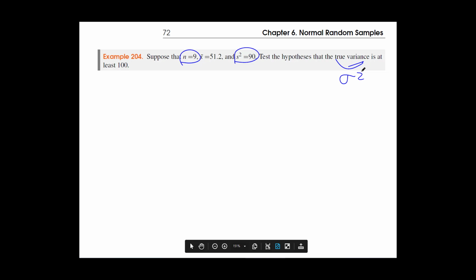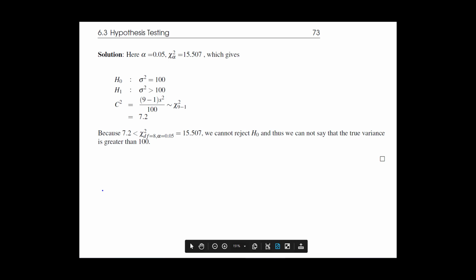So let's test that hypothesis. What we're going to use is the chi-square statistic. Remember, chi-square was n minus 1, the sample size minus 1, times big S squared divided by sigma squared.